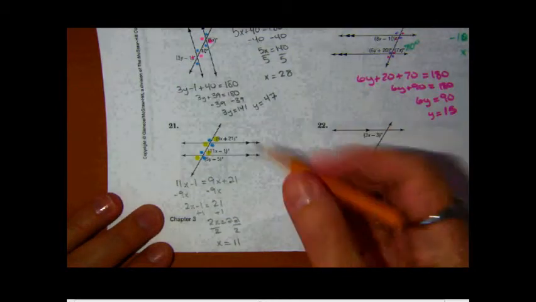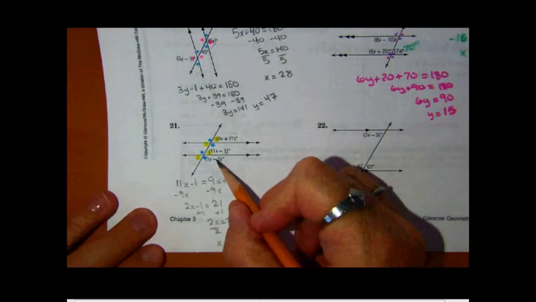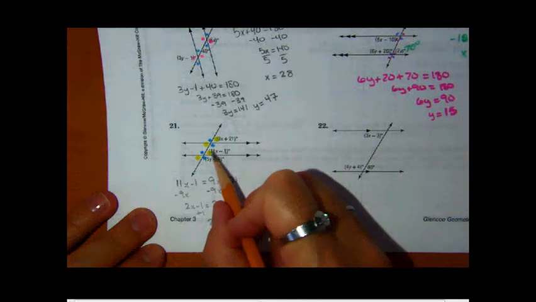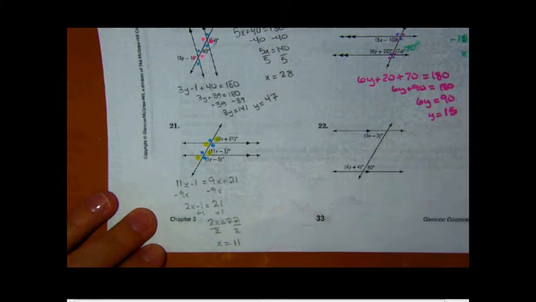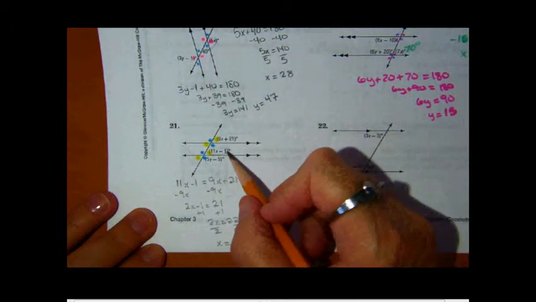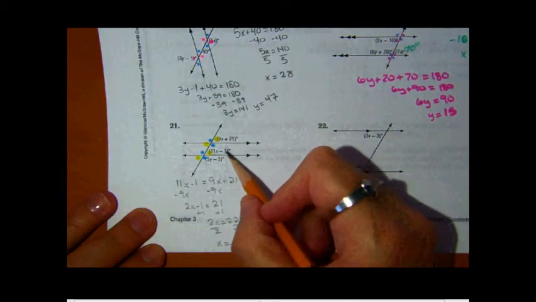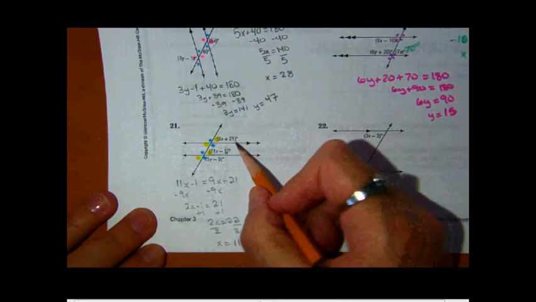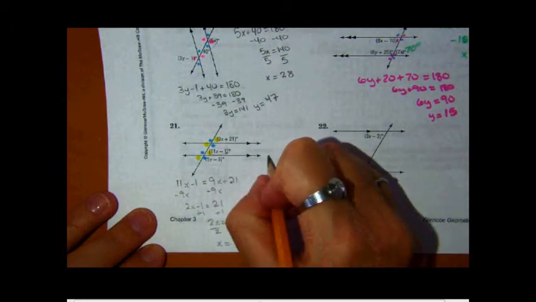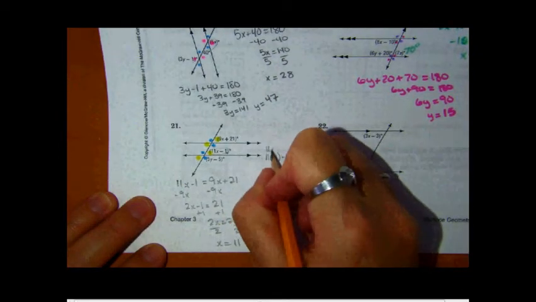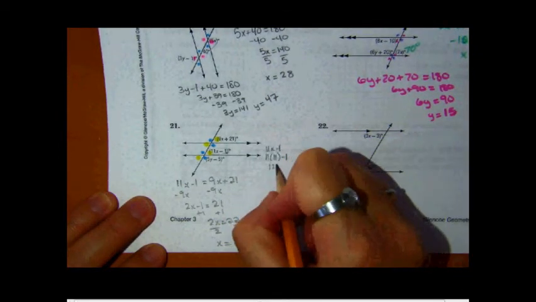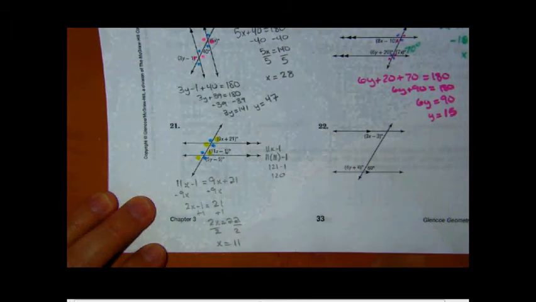Okay. Now, I have a blue for my y. I need to figure out what this equals so I can have something to go off of. So I can either plug x into the 11x minus 1 or into the 9x plus 21. I'm just going to do 11x minus 1. So 11 times 11 minus 1. So that's 120.